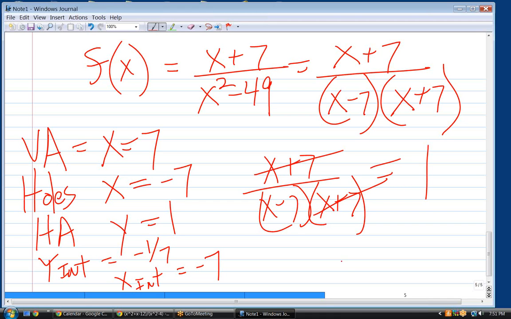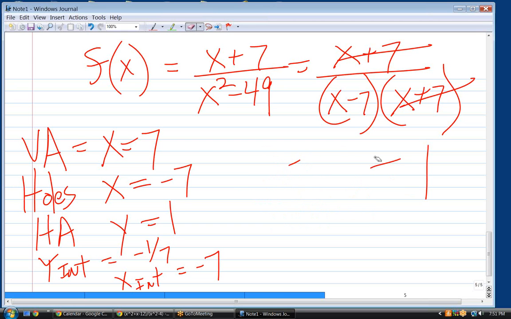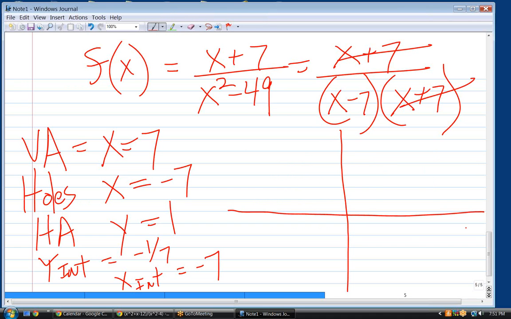No. So the function is 1 over x minus 7, which would be equal to 1 when x is equal to 7, but it can't be equal to 1 because it can't be 7. So no, it does not cross the horizontal asymptotes. So we're ready to graph.